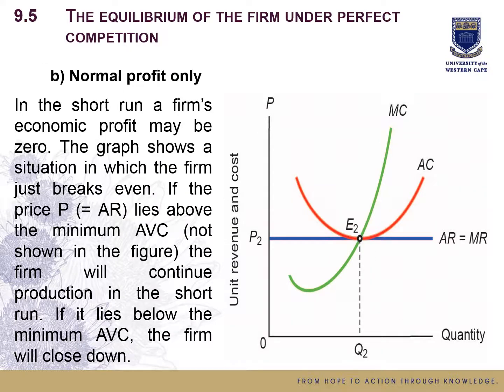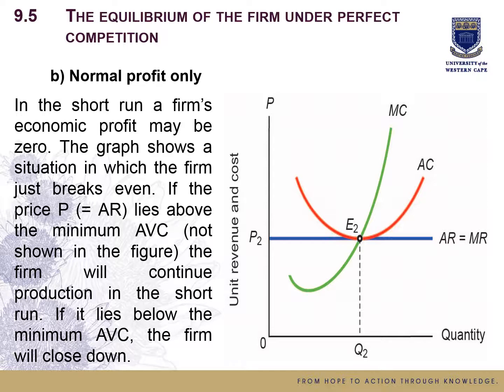Scenario 2 is whereby average revenue is equal to the price, which is equal to the marginal cost, and the firm earns a normal profit. The figure measures unit revenue and cost on the vertical axis and quantity on the horizontal axis. Profits are maximized where marginal revenue is equal to marginal cost, that is at the quantity of Q2.